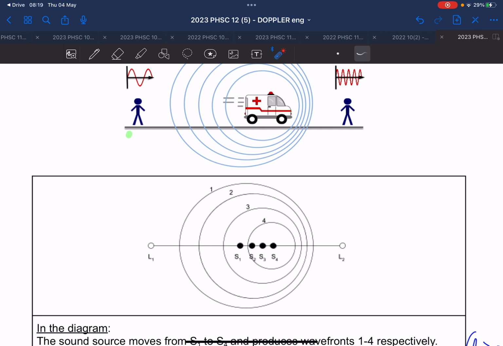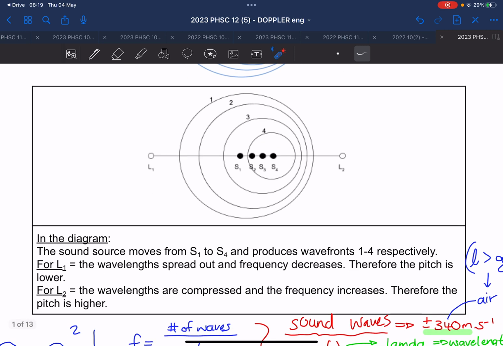For listener 1, L1, the wavelength spread out and the frequency decreases. Therefore the pitch is lower. For listener 2, the wavelengths are compressed, the frequency increased, and therefore the pitch is higher.